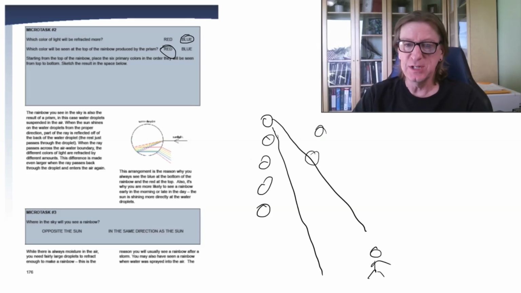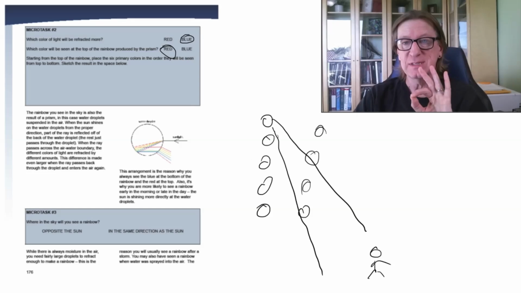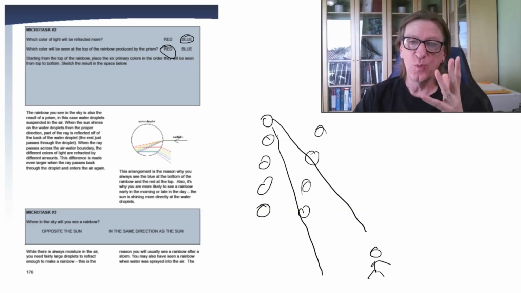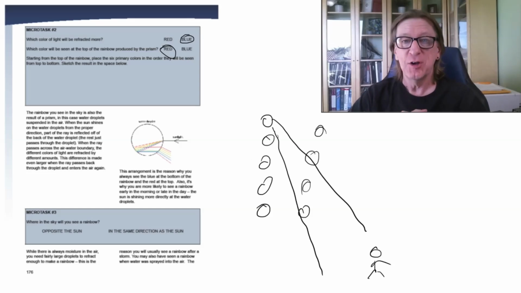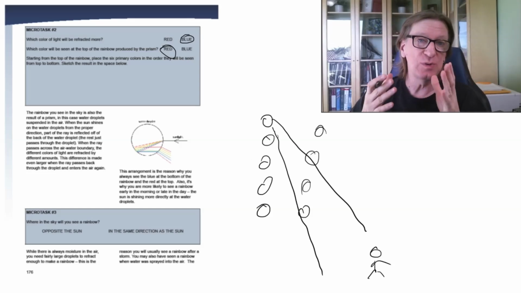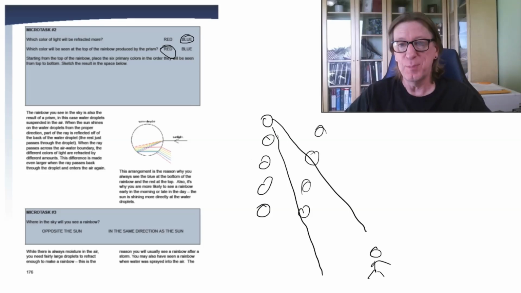So depending upon the positioning of all of these, you're going to see only one color from each drop that's suspended in the sky. When you see the rainbow, you're actually looking at water droplets, but the only thing that you can see is that one specific color from that one water droplet. And that's what's going to make your rainbow.